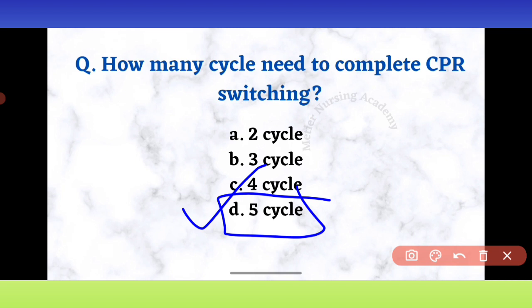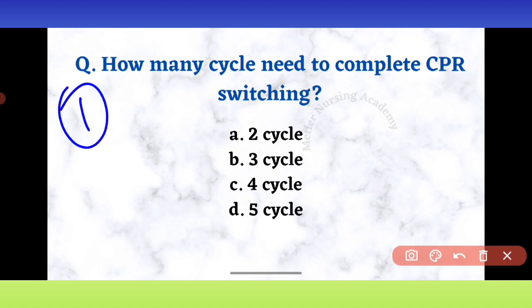Let's see the golden points related to CPR. The first one is, what is the ratio of giving CPR? For adults, many changes happened after 2014, and there are new protocols. According to the new protocol, for adults, what is the chest compression to breathing ratio?